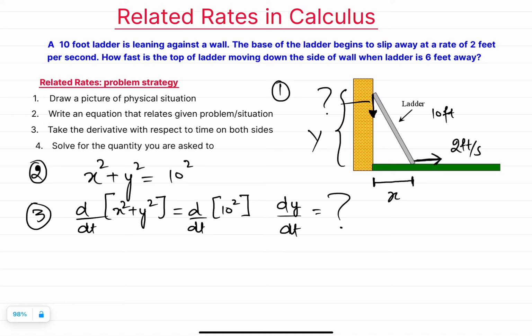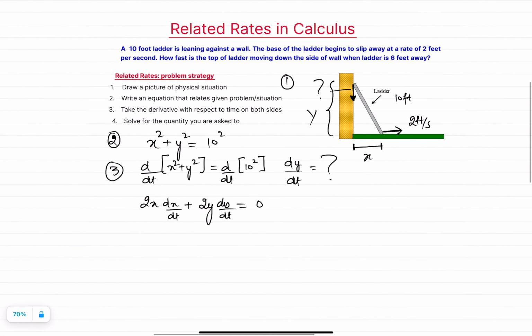It's 2x dx by dt plus 2y dy by dt, and this is a constant. That means differentiating it will result in 0. And if we simplify it, it's x dx by dt plus y dy by dt is equal to 0.